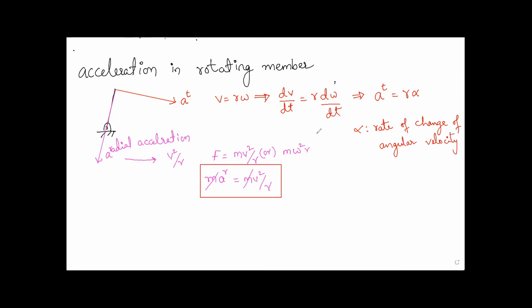Similar to how we have linear acceleration, this is angular acceleration. Linear acceleration is the rate of change of linear velocity. These two things each and every person should know for a link which is rotating, right?